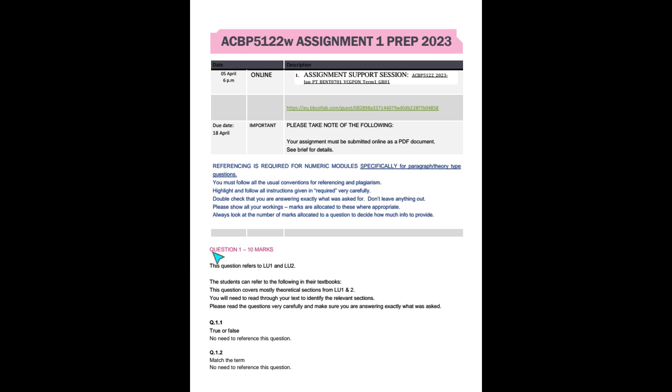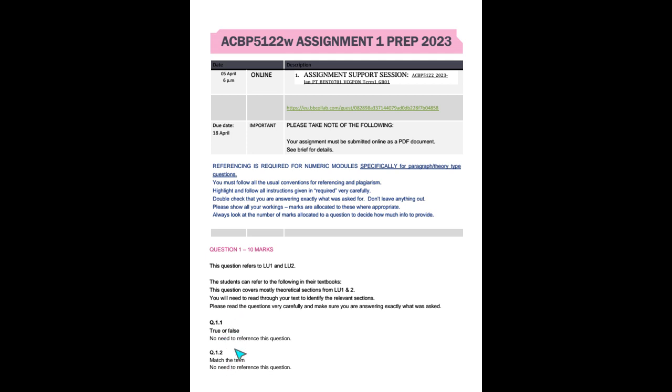these are notes. So question 1 of the assignment is for 10 marks. This is mostly theoretical. These 2 set 1.1 I think is 5 marks and 1.2 is 5 marks. So 1.1 is true or false. You will need to cover both learning units 1 and 2 for both of these questions.